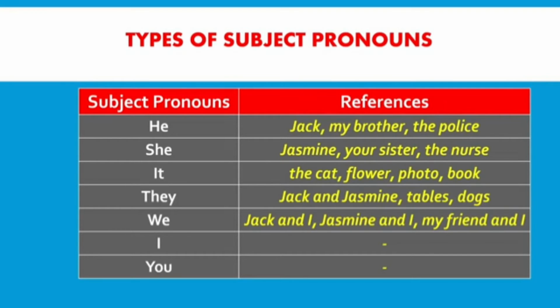Just that you have to bear in mind the uses of references for he, she, it, they, we, because after this we are going to do a lot of exercises, and inside the exercises I will not always be using he, she, it, they, we, I, you. Instead, I will use a lot of references to refer to all these subject pronouns to see if you know how to use the verb be in an affirmative or negative way or not.